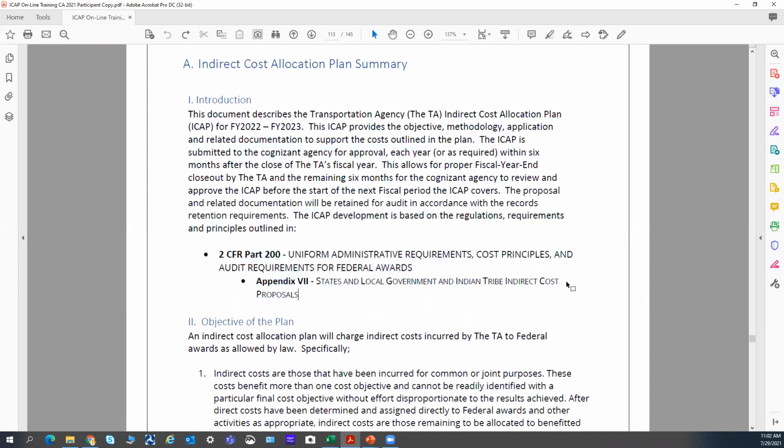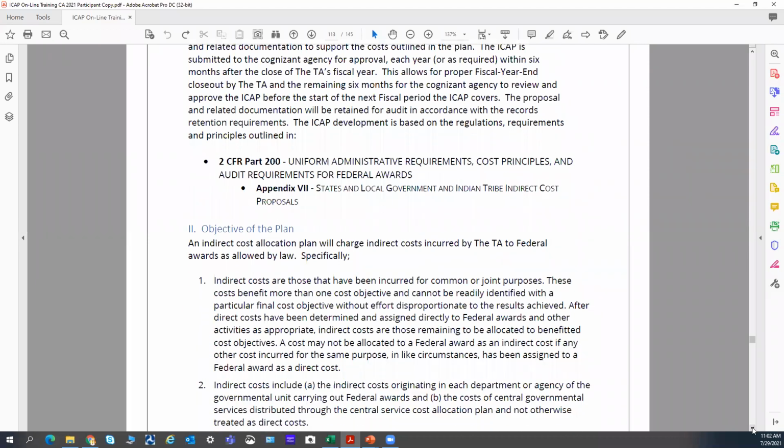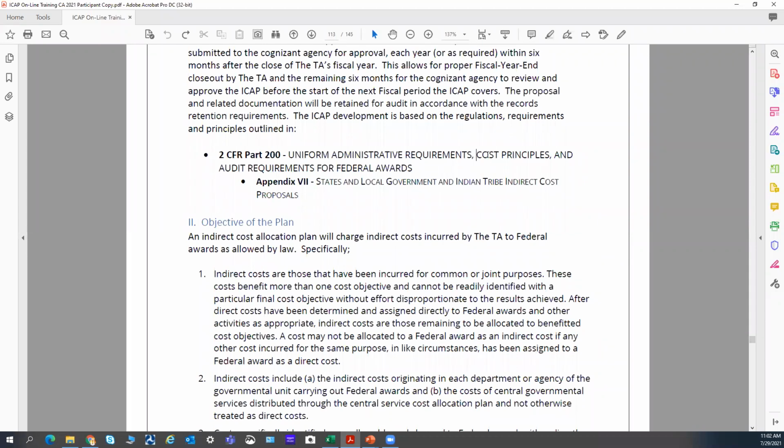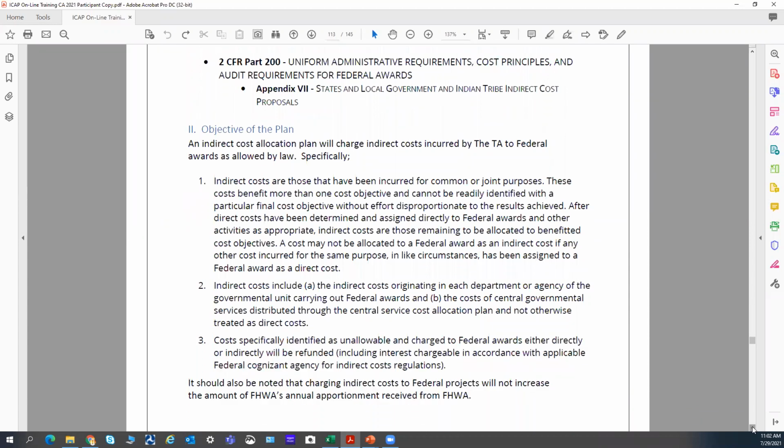So the nice thing about seeing a plan that includes a lot of references that we talked about the last couple of days, like for instance the cost principles, is what that does for the reviewing cognizant agency: because they've included these statements throughout the package, we know they're aware of them.